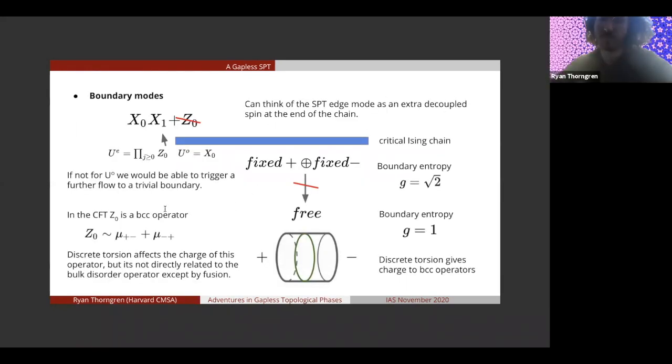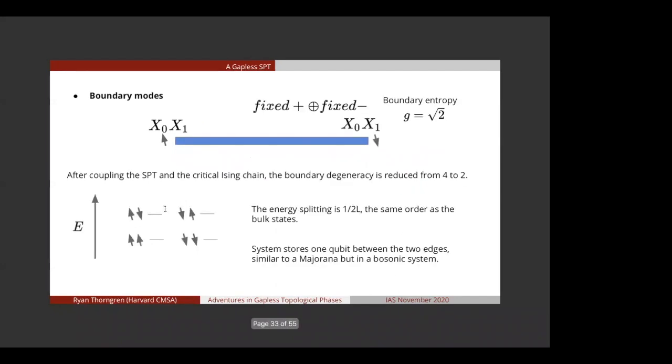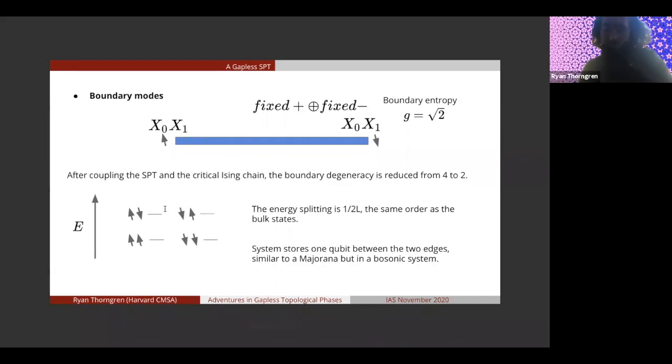Okay, so. Sorry, Ryan, about the last comment you made, is there some Jordan-Wigner transformation relating the two? That's right. This is related by Jordan-Wigner transformation to, well, how do I want to say it?